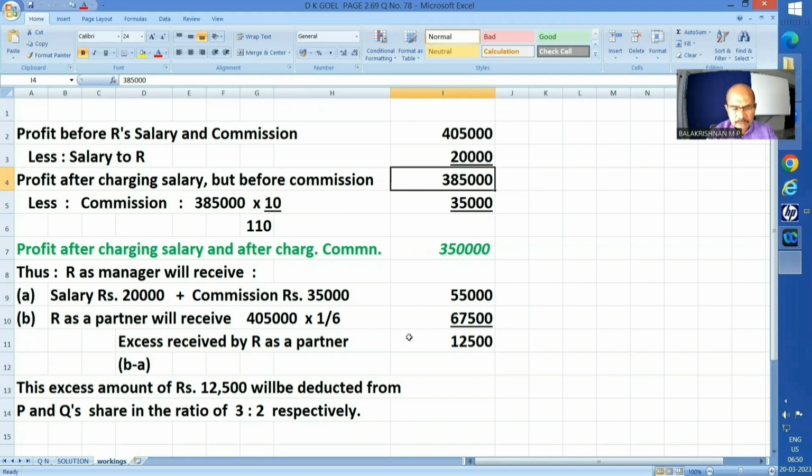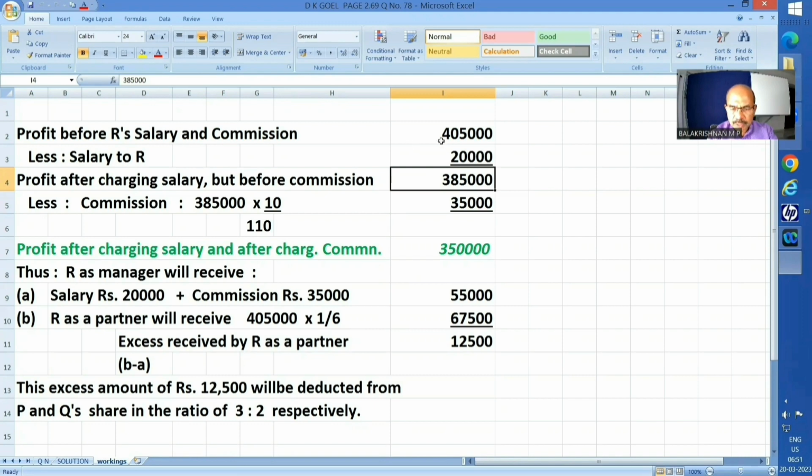So alternative A is salary 20,000 plus commission 35,000. The amount is 55,000. And alternative B, on 4,05,000, 1/6 amount, that is 67,500. You may ask, why 4,05,000? When he is going to be treated as a partner, the salary and commission expenditure does not come into the picture at all.